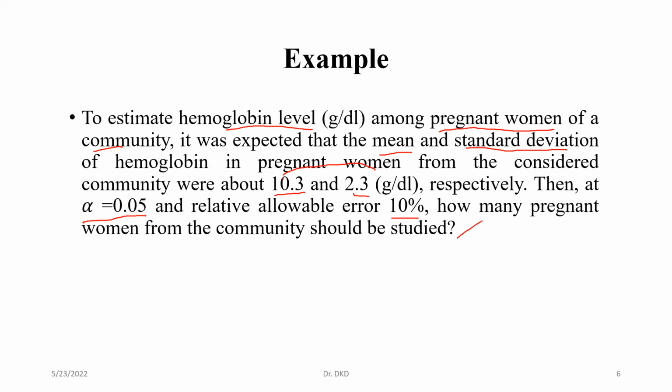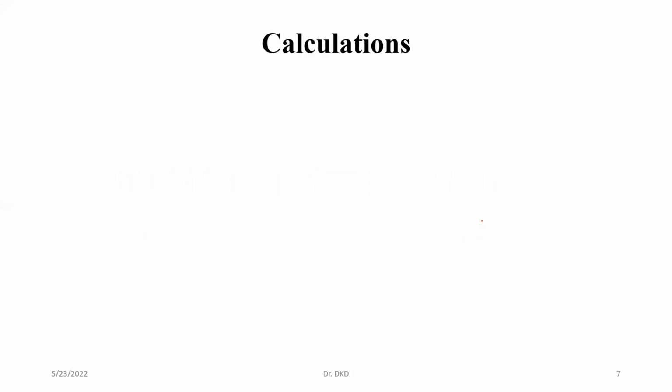This is our question. Now we need to understand the steps of calculation for the minimum sample size. First of all, we need to point out what is given in the question.